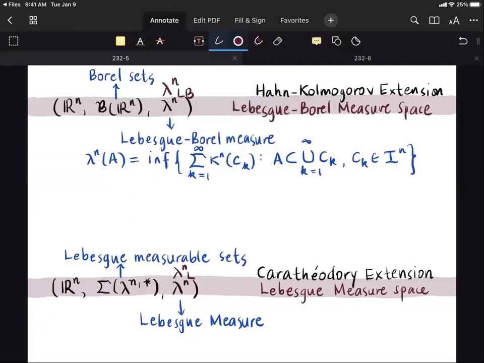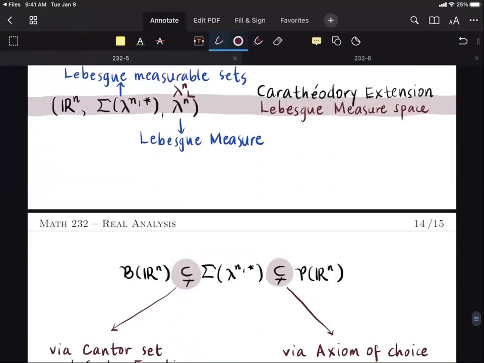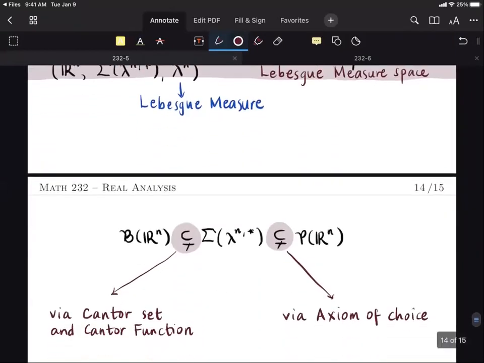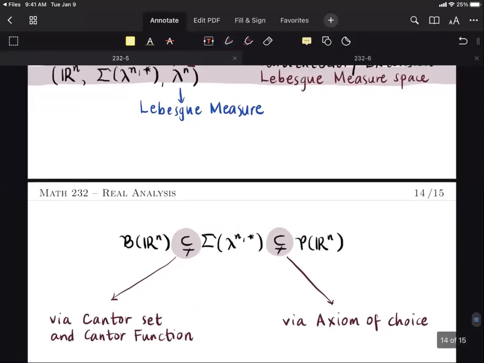Okay, having said that all Borel sets are measurable, are all Lebesgue measurable sets Borel? Well, this set of inequalities tells us that this is not the case. So the first strict inclusion here tells us that there are Lebesgue measurable sets that are not Borel sets.